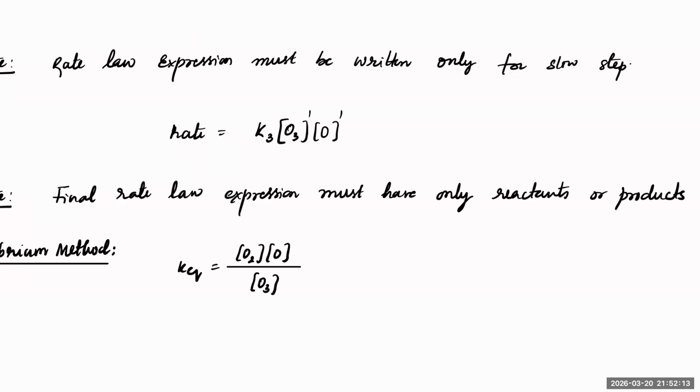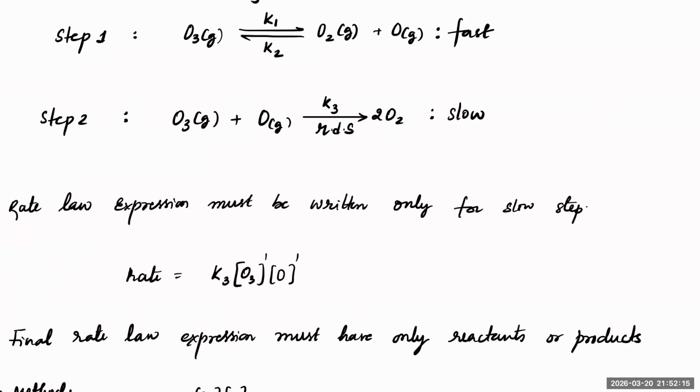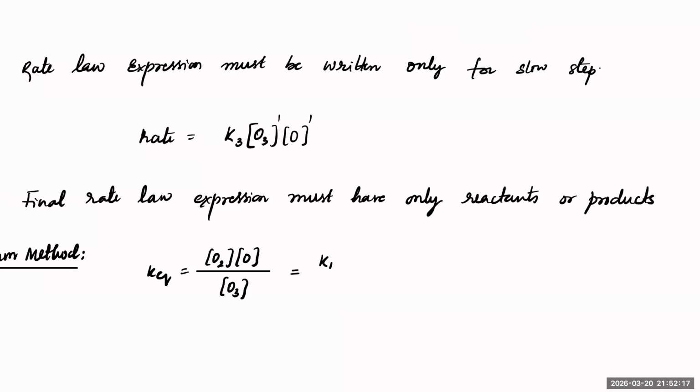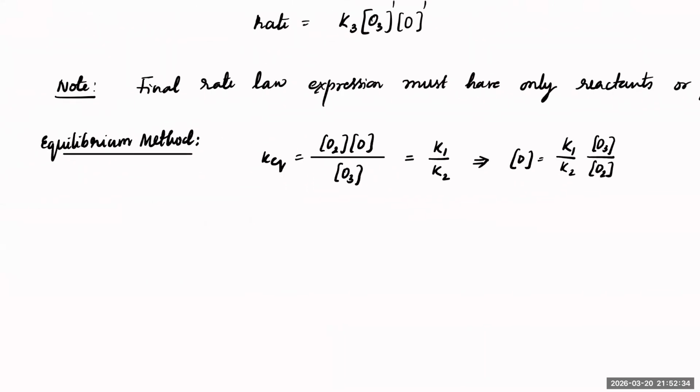And K equilibrium is equal to K forward by K backward, which implies nascent oxygen O is equal to K1 by K2 multiplied by O3 divided by O2. This will be the nascent oxygen form.